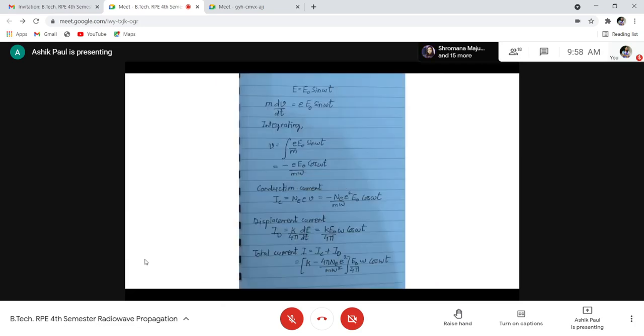Now, the next thing which is important for us to understand is that these electrons or ions are essentially immersed in an electric field as well as a magnetic field.